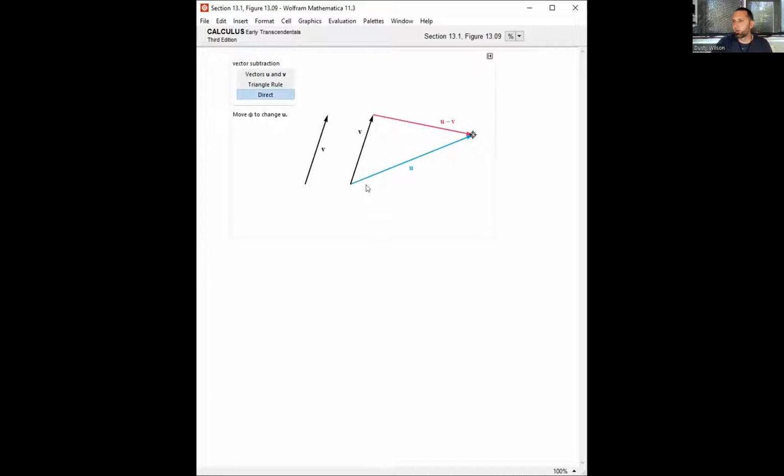Or if I used the direct approach, here's positive v, here's positive u. And so I could take my u, and I could take away the v part of it. Minus v, u minus v.